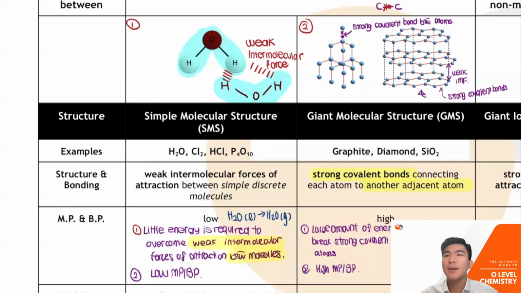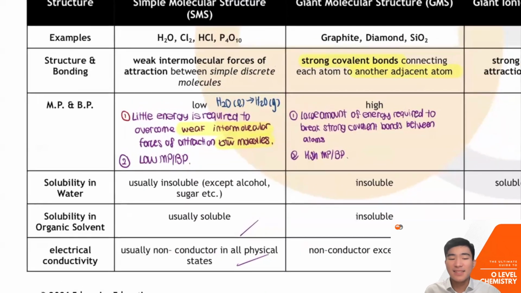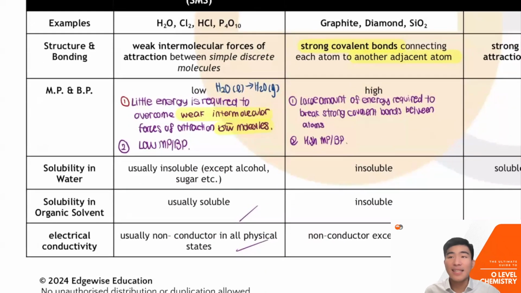There is a free carbon atom that is not bonded. Okay, Melissa said there's a free carbon atom that is not bonded. Anybody have a different answer as to why graphite conducts electricity?